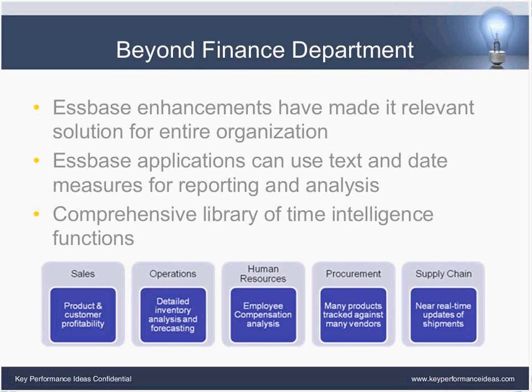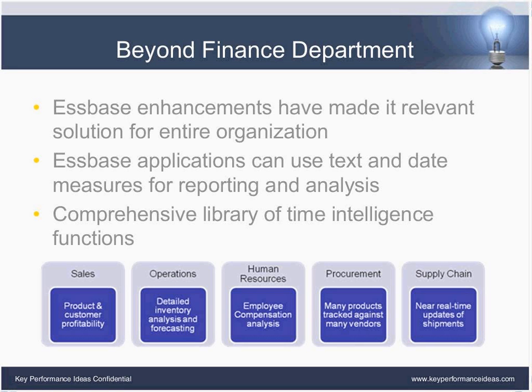If we take an example with sales, the sales department can have dimensions along customer and region, and we can have accounts to analyze customer or product profitability. Operations can do detailed inventory management, forecasting for inventory, all through the similar metrics in customized dimensions.